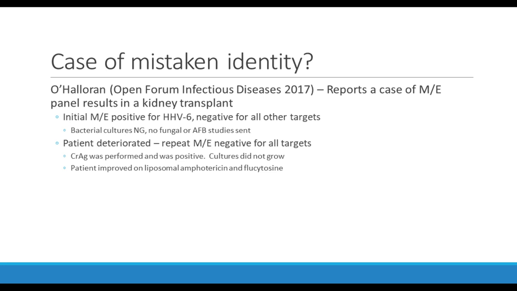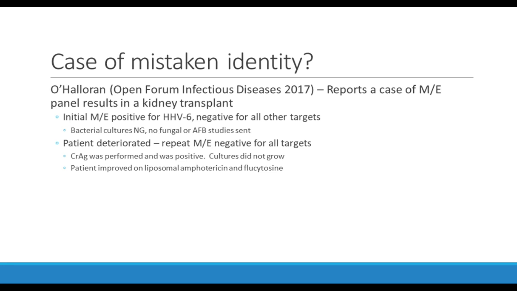In 2017, there was a report of a positive HHV6 in a kidney transplant patient. Importantly, in this case, you can see where the overall utilization of this test falls. There was a panel test sent, there was a bacterial culture sent, but there were no fungal or AFB studies.